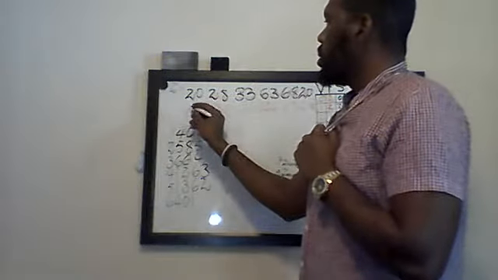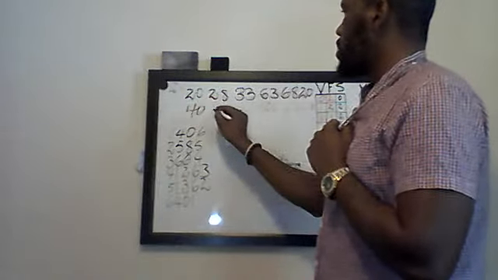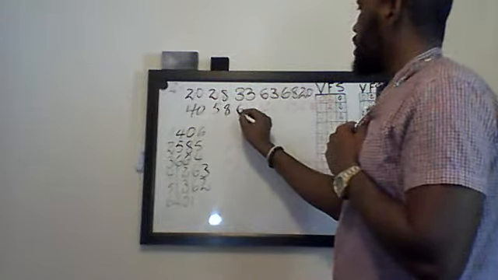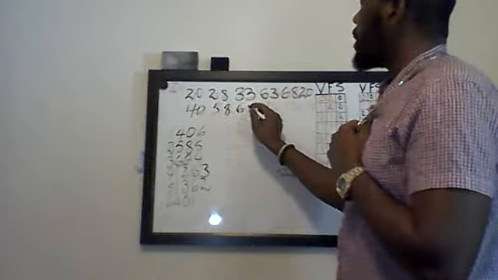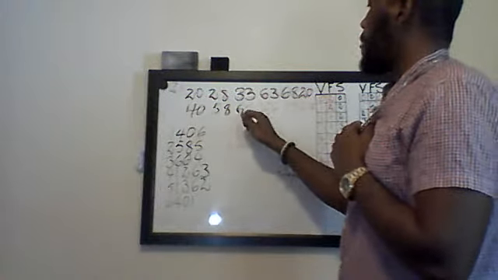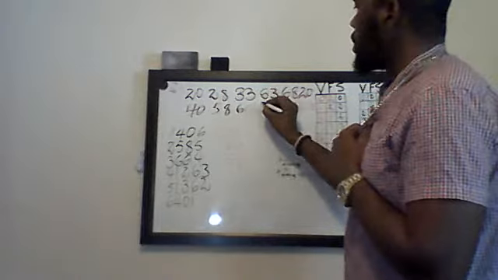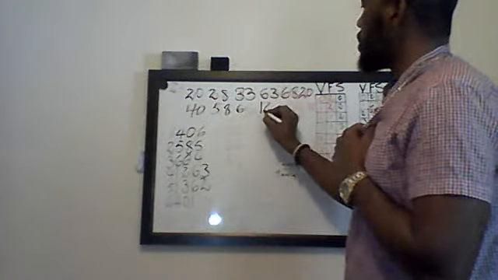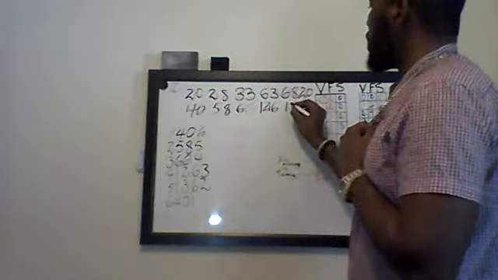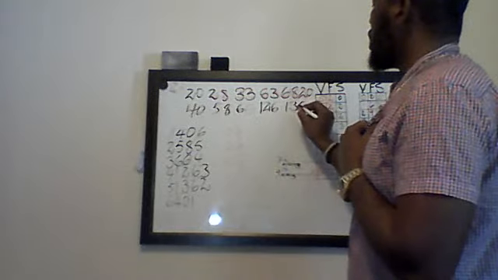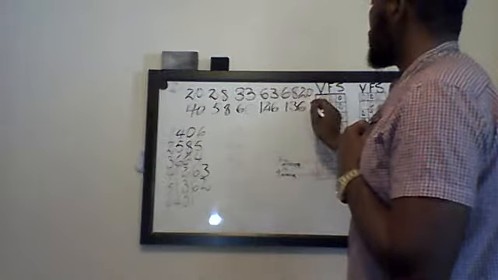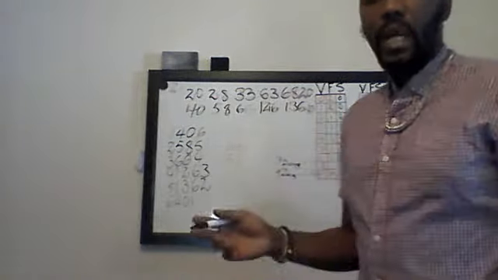The Power Play was two, so 20 times 2 gives me 40. 28 times 2 gives me 56. 33 times 2 gives me 66. 126 is the result of 2 times 63. 136 is the result of 2 times 68. 40 is the result of 2 times 20.